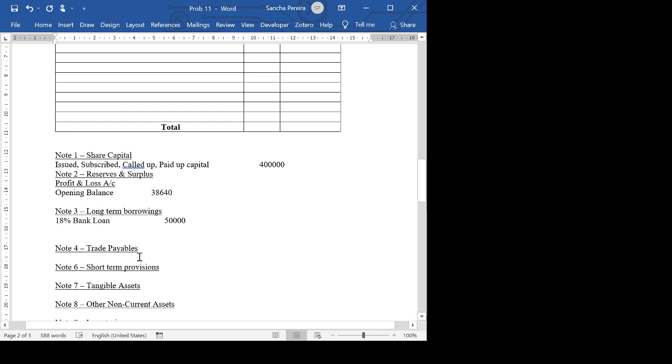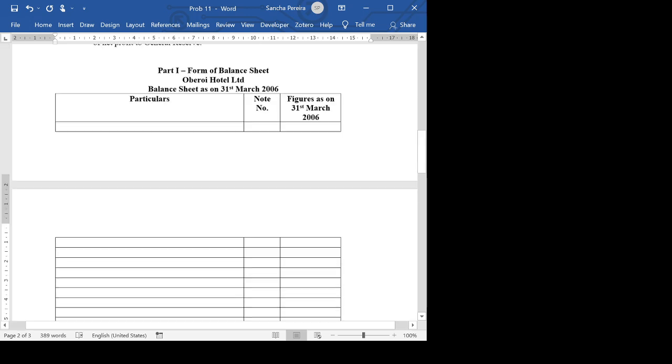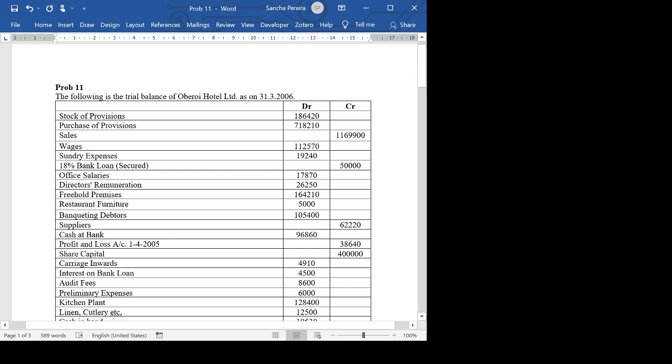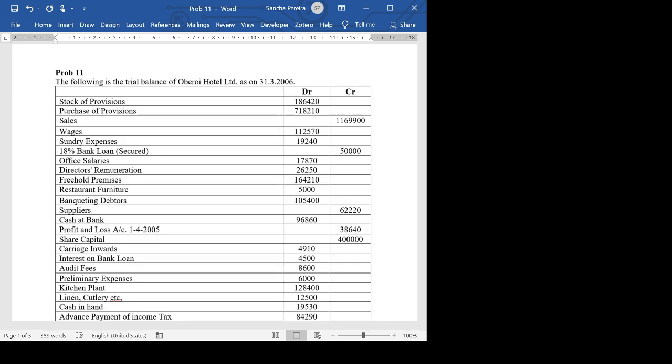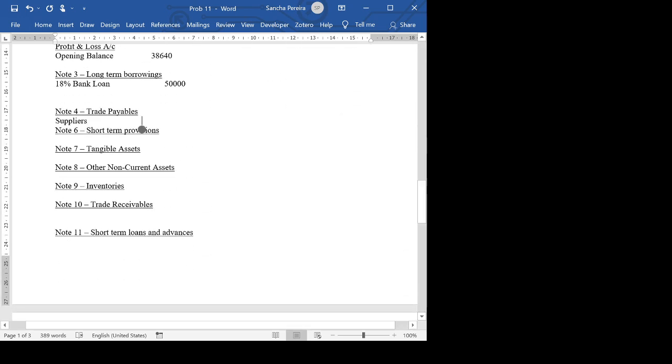Trade payables, which we have, are suppliers. Suppliers are given as 62,220. There is no adjustment to this.